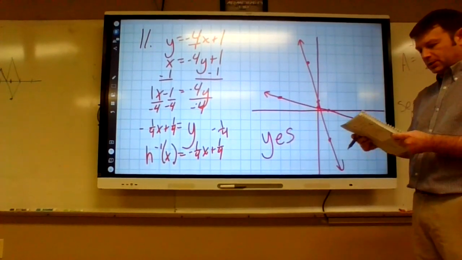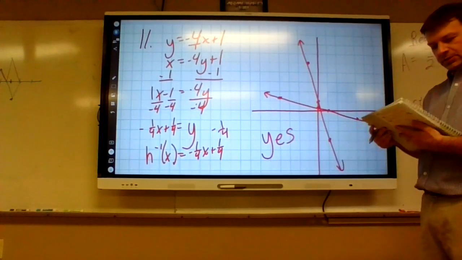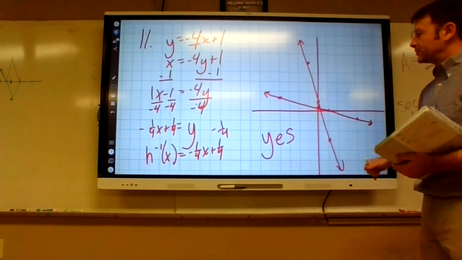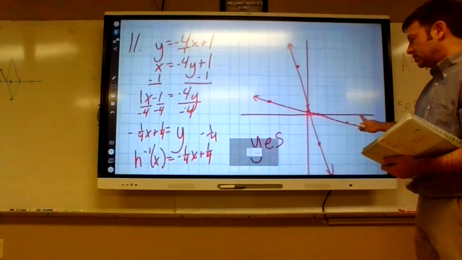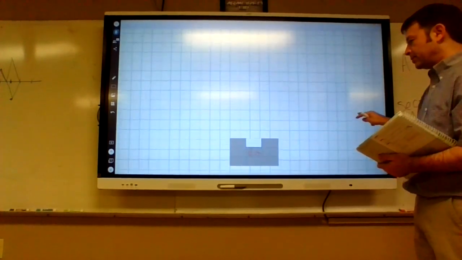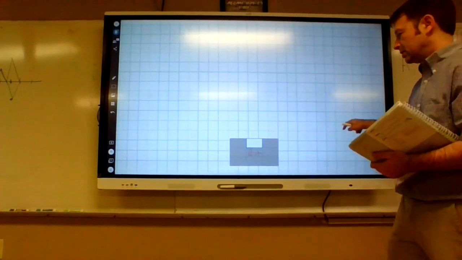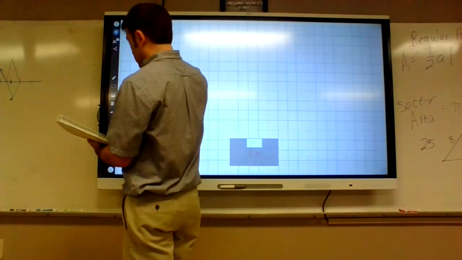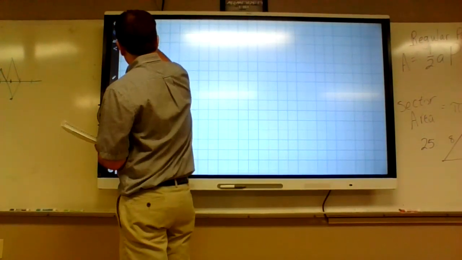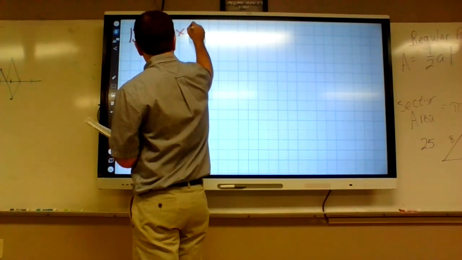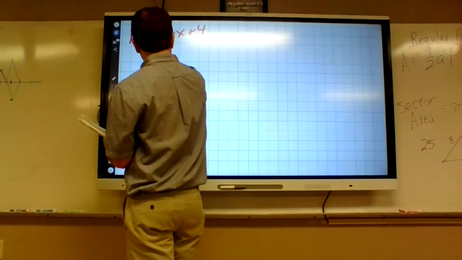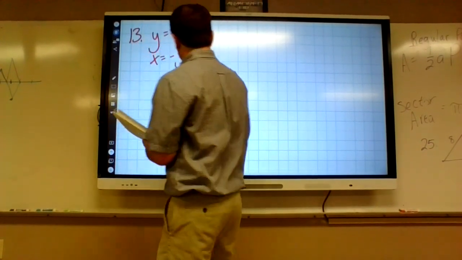Okay, number 13. Oh, that one doesn't look too bad. g of x is negative x plus 4. So that means y equals negative x plus 4. So for the inverse, x equals negative y plus 4.